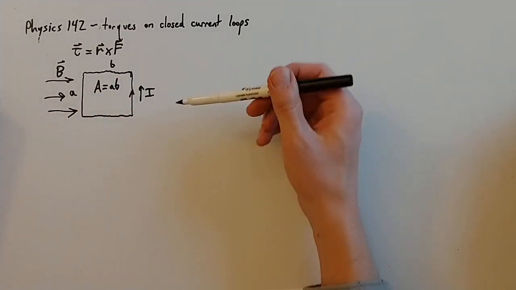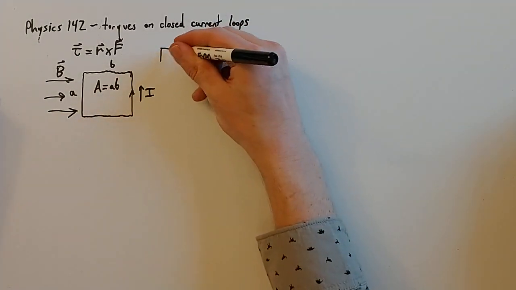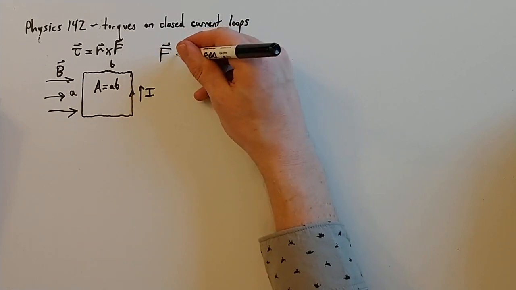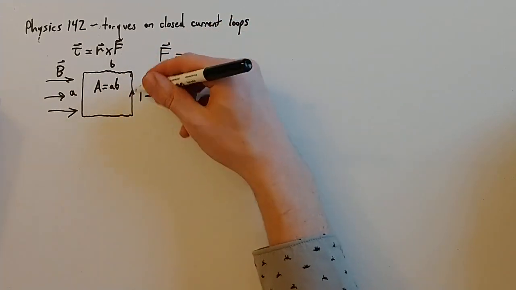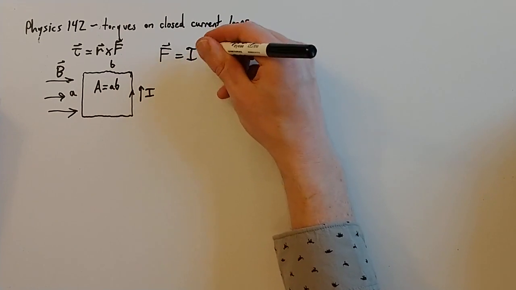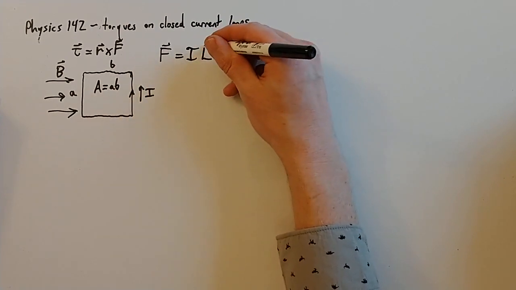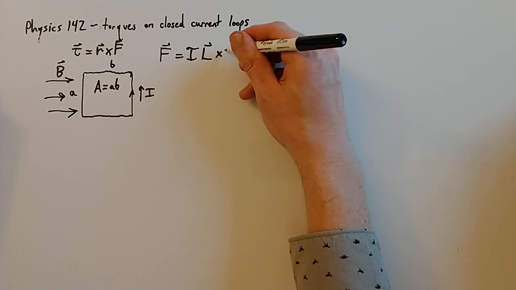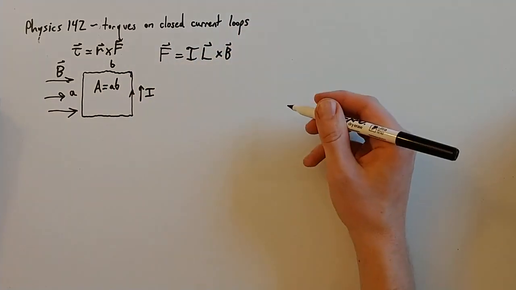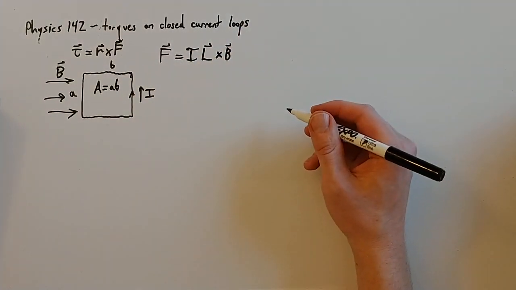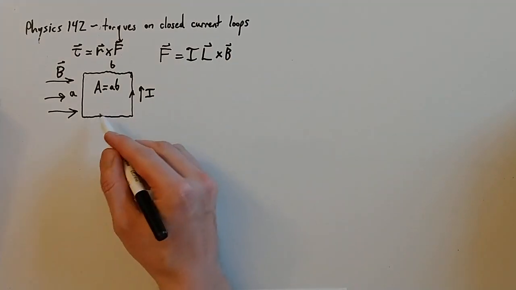We know that the forces from magnetic fields, the force for each segment of this wire, would be the current running through the wire times the length of that segment crossed with the magnetic field. So what does that mean? Let's think about each segment.